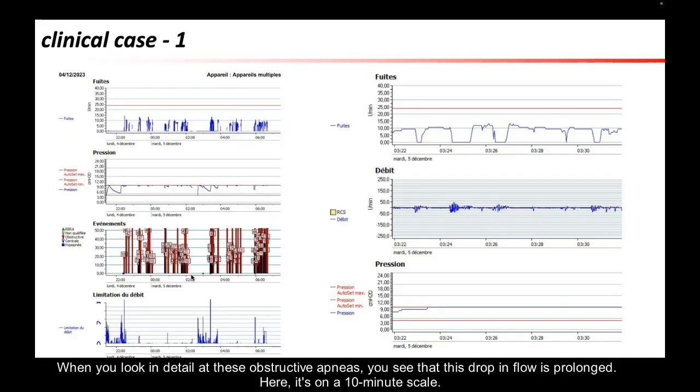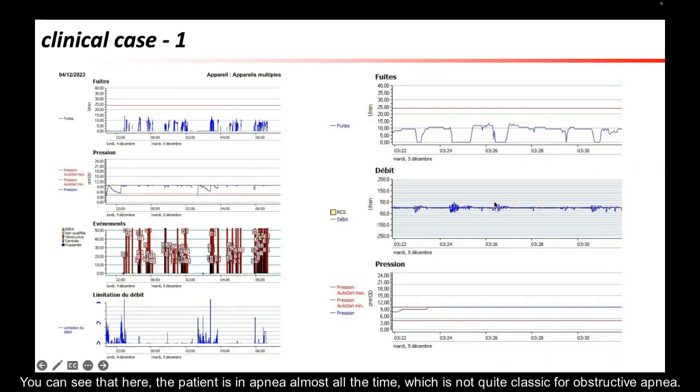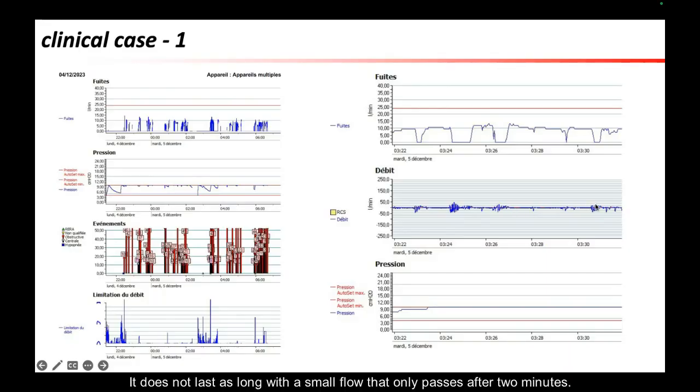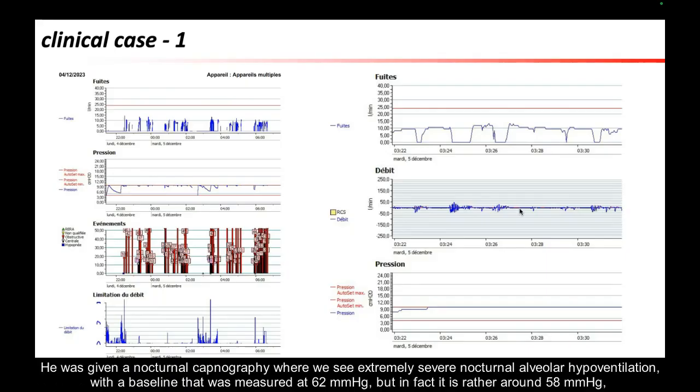When you look in detail at these obstructive apneas, you see that this drop in flow is prolonged. Here it's on a 10-minute scale. You can see that here, the patient is in apnea almost all the time, which is not quite classic for obstructive apnea. It does not last as long with a small flow that only passes after 2 minutes.